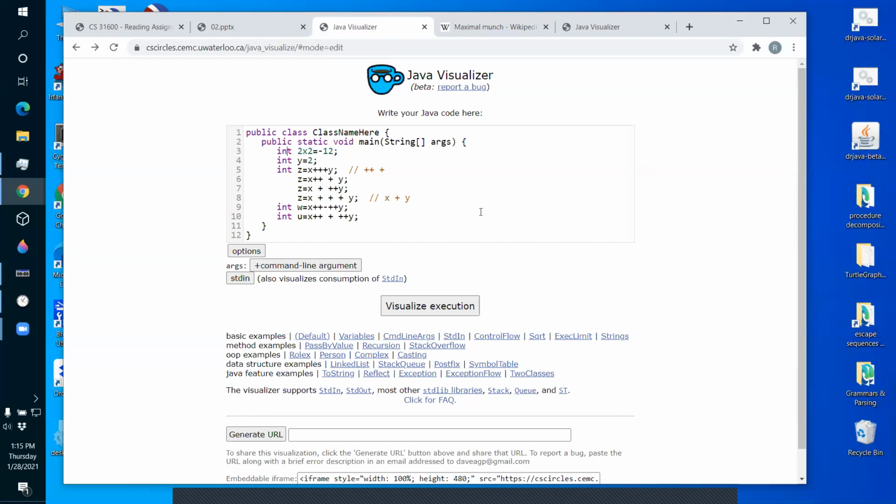It probably tokenized as int 2 x2. But what's wrong with that? Int 2. Oops. It probably tokenizes like that. What's wrong?